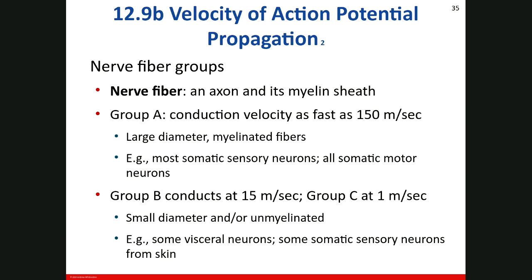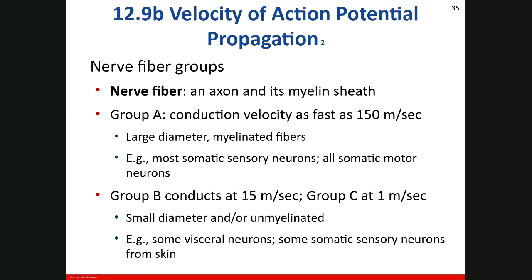We have three types of nerve fibers. A nerve fiber is an axon and its myelin sheath. Nerve fibers are classified into three major groups: group A, group B, and group C, based upon their nerve signal velocity. In the first group, group A, the velocity is as fast as 150 meters per second.